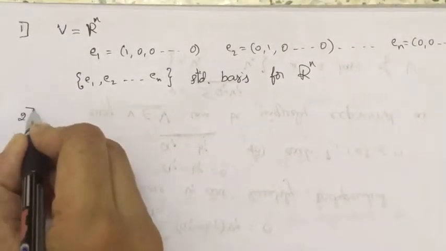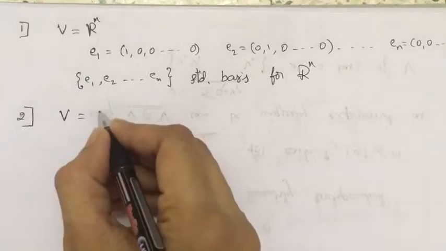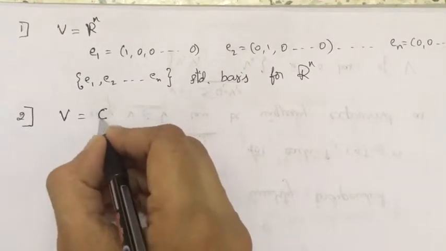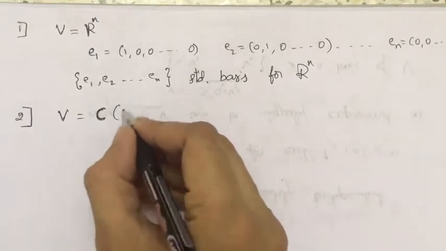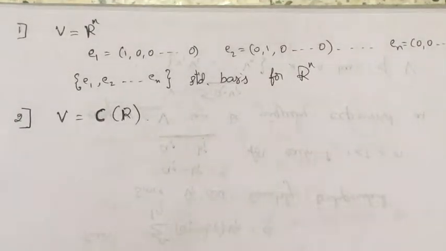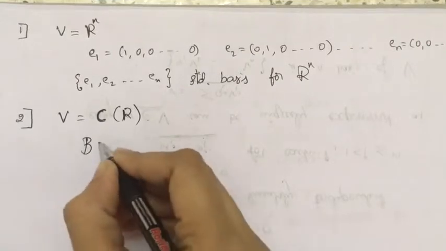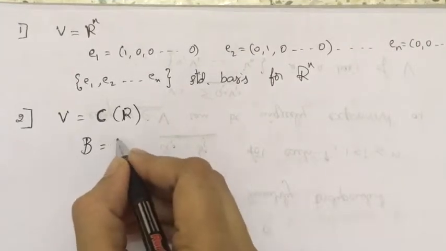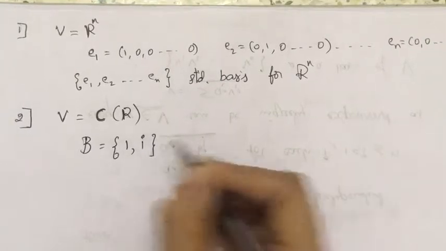If I take, say, my vector space as the complex space C over the field R, then the basis, I'm just mentioning the standard basis, is 1, i.